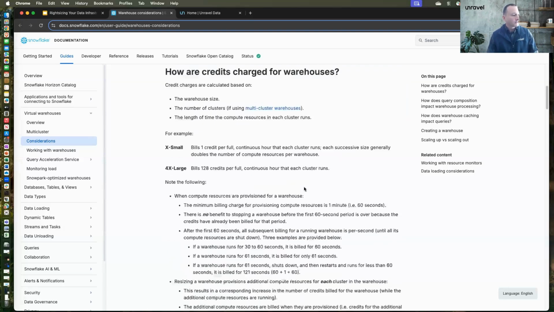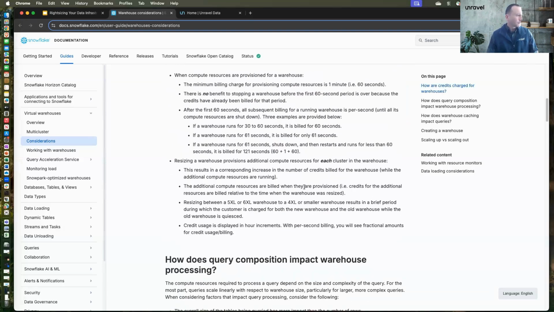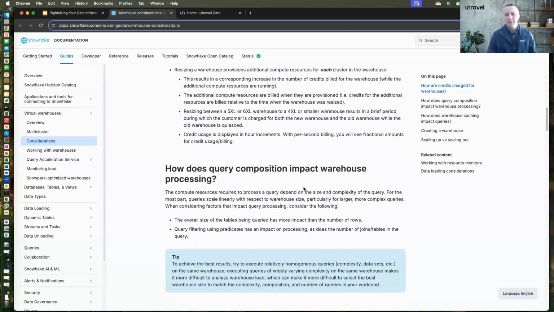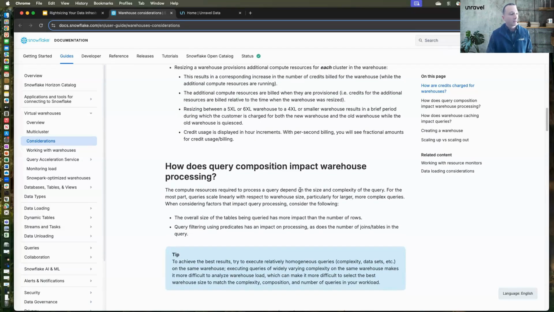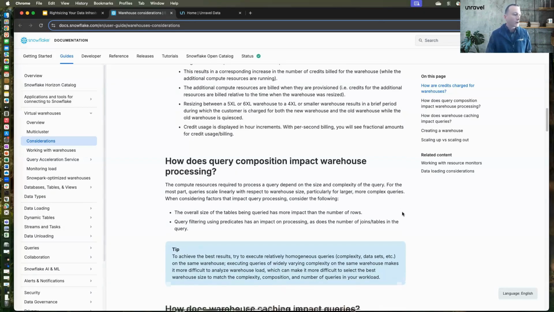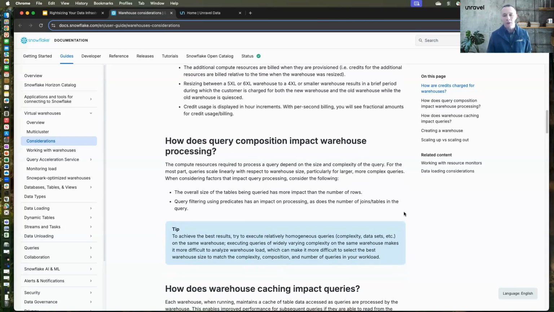But scrolling down here, there are some other things. There are even recommendations around how the composition of your SQL queries themselves impacts the warehouse and the processing it's doing. This prompts you to pay attention to all sorts of different things, but for one, maybe the overall size of tables, that's going to have an impact.